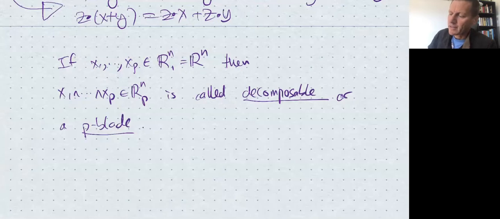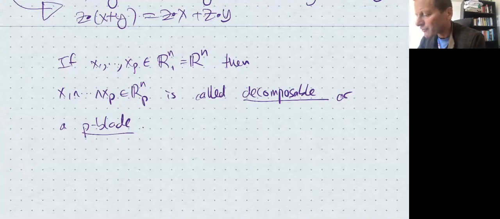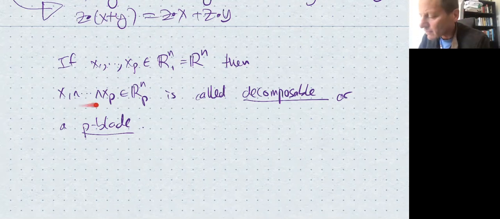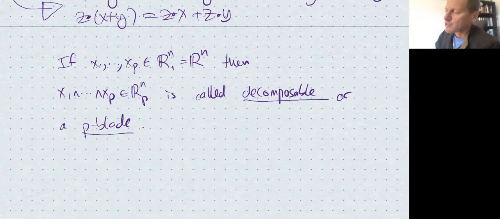We have n degrees of freedom for each x_i because it's a vector in R^n, so n times p possible degrees of freedom in choosing this decomposable element.